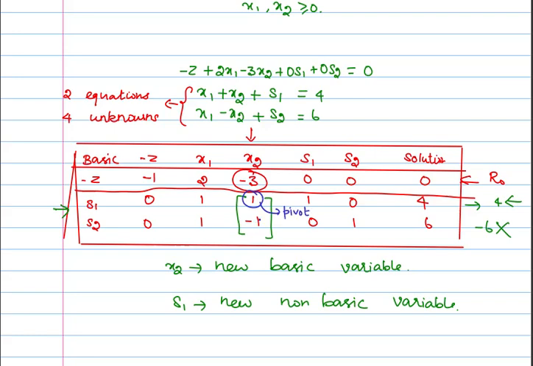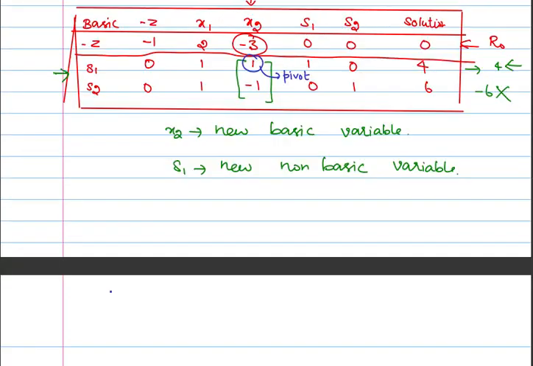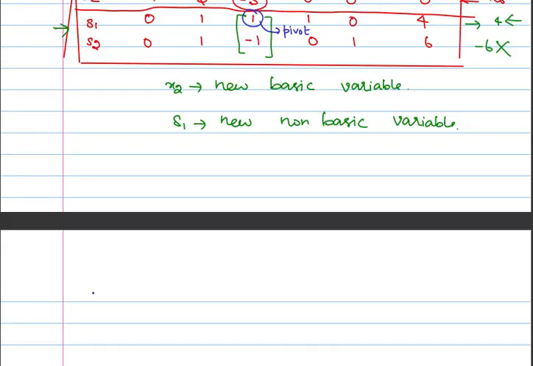What is the pivot? As in the Gauss elimination method, the pivot position is 1 and all the other elements in that column are 0. Using this fact, and since this entry is already 1, I represent the new table: basic, minus z, x1, x2, s1, s2, and the right hand side, the solution column.